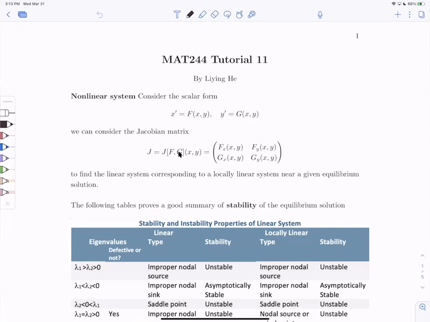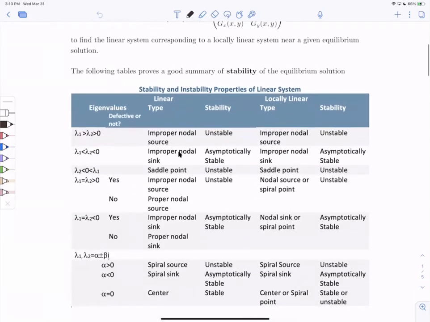Okay, so today we are going to talk about the stability and instability properties of, oh, I should change the title, but I forgot. It should be a linear and nonlinear system.